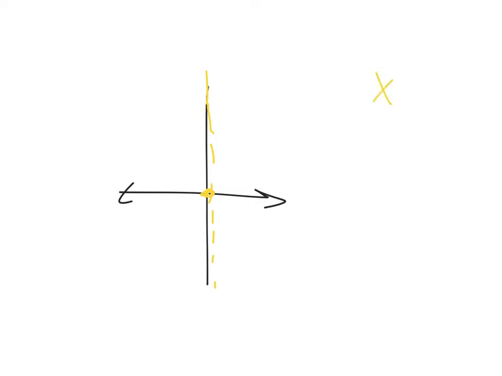So when I make my table, this is the vertex, this is also the y-intercept. I still need 4 points now, but we've not really plugged anything in yet.